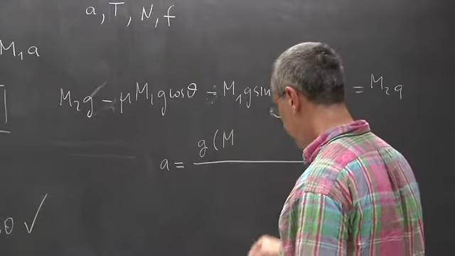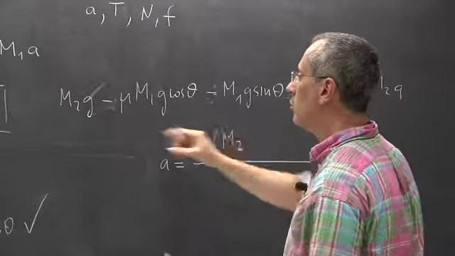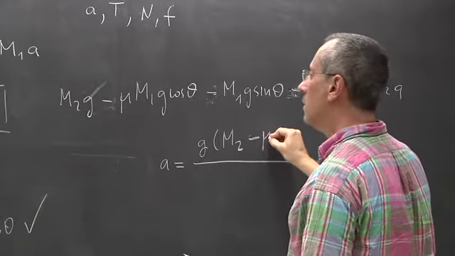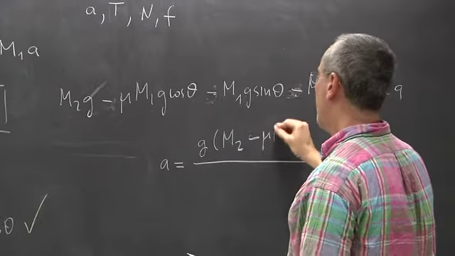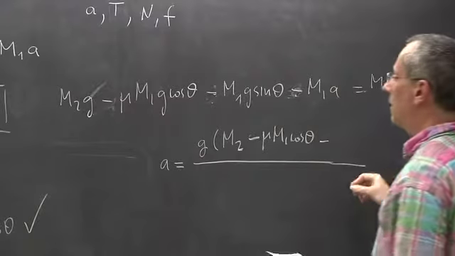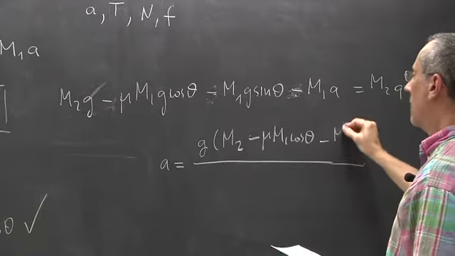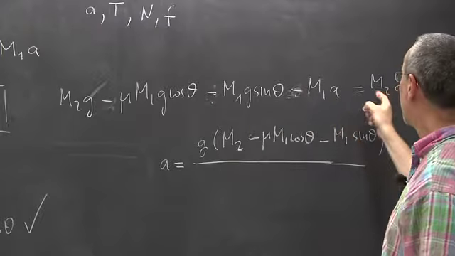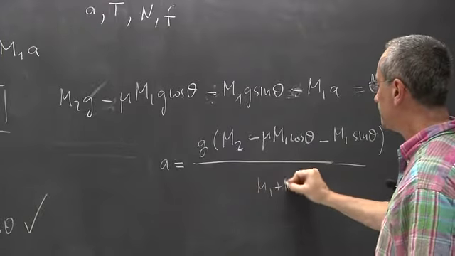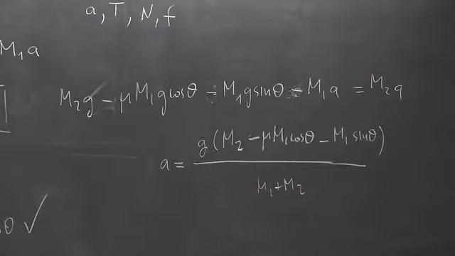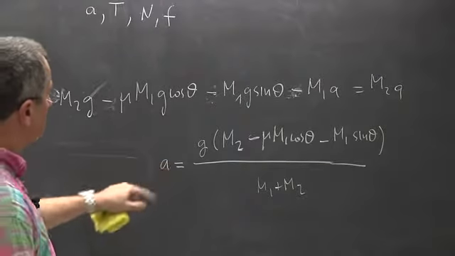Then I have m2 minus mu m1 cosine theta minus m1 sine theta, divided by the sum of these two masses. And so this is the acceleration.